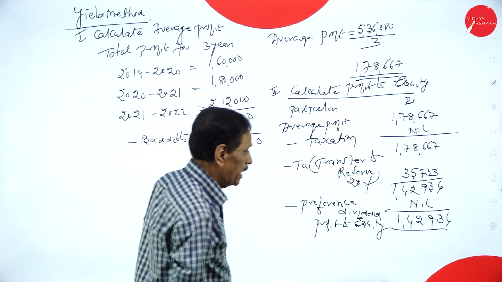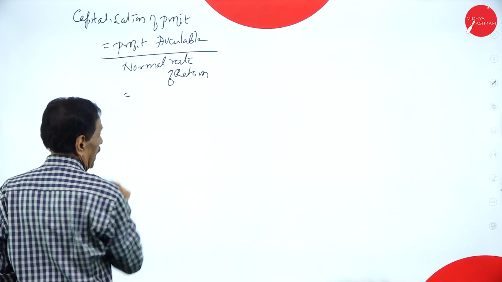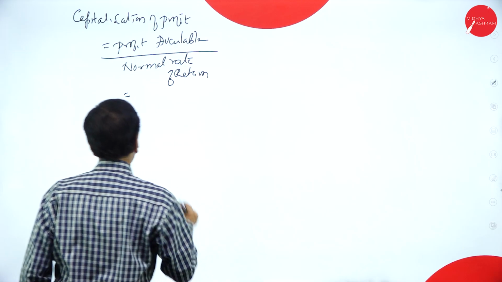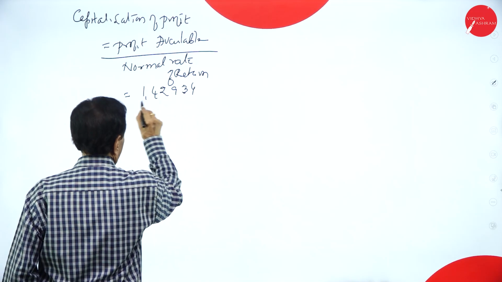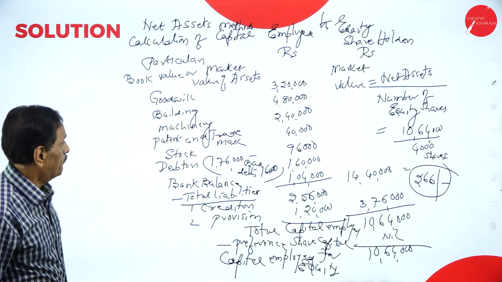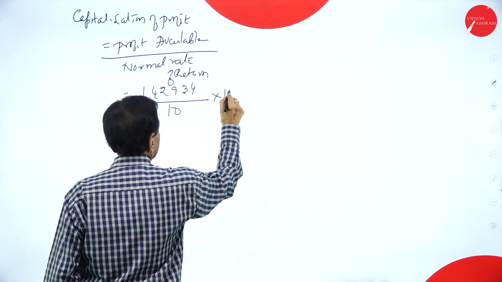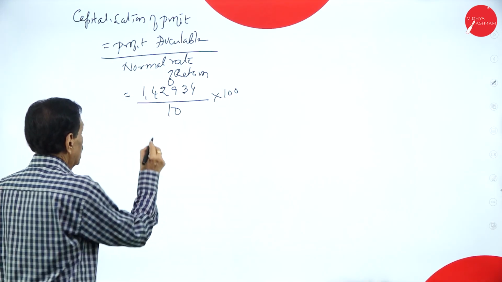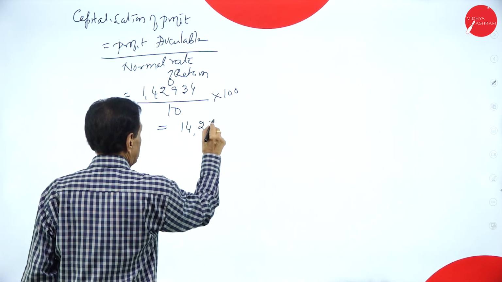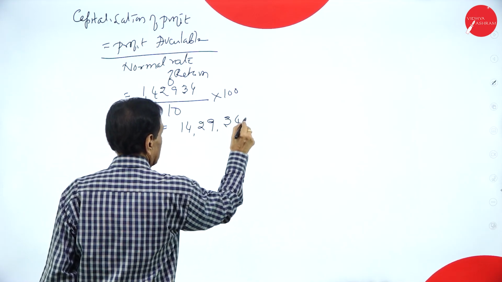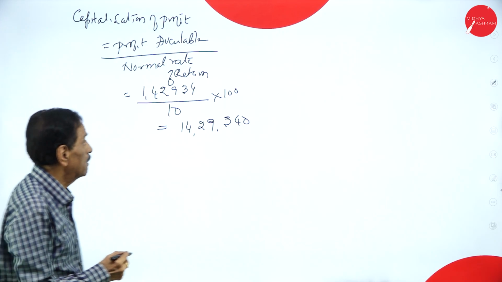What is profit available? 1,42,934. 1,42,934 divided by, what's your expected return? 10%. 10 into 100. So it becomes 14,29,340. That's the capitalization method.